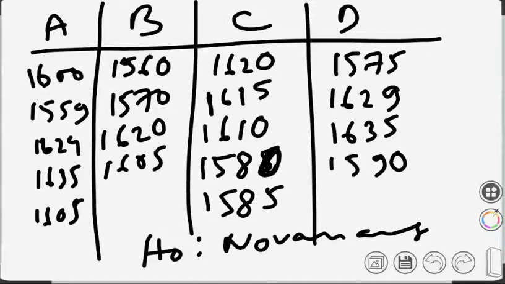And the alternate hypothesis H1 is that there is variation among the brands A, B, C, D. Please write both of them. Fine. Now we'll start the calculation.